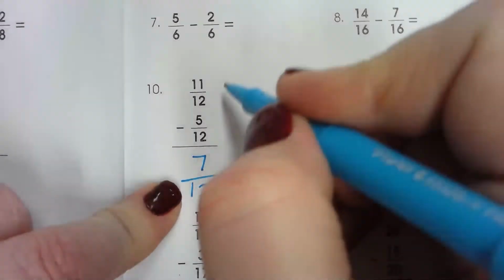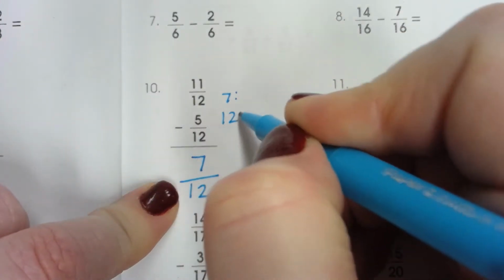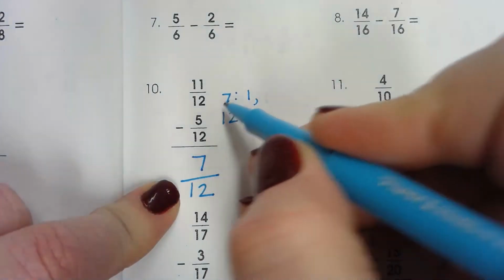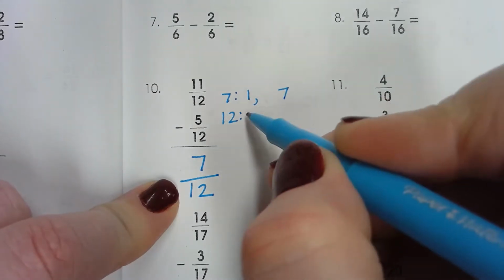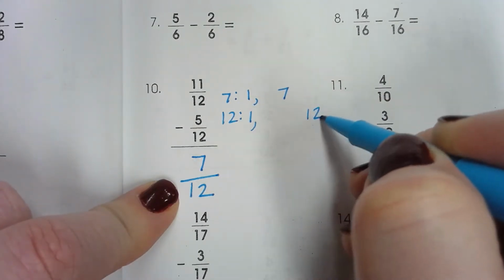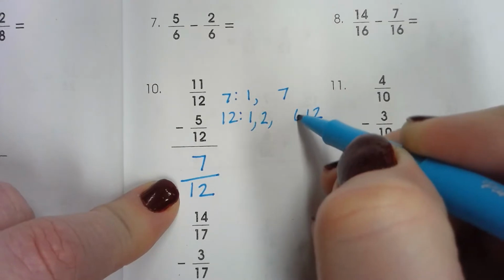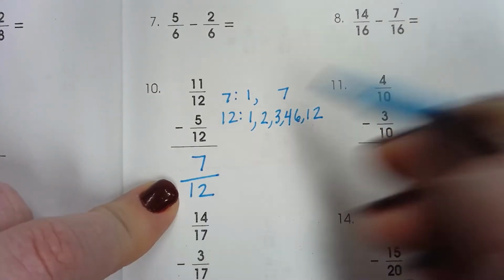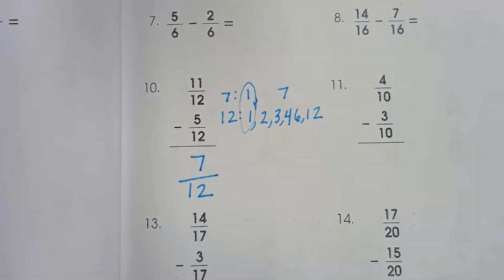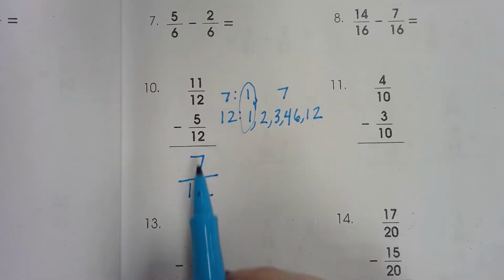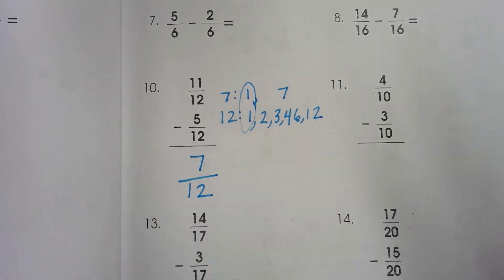Do a 7 and a 12 have anything in common other than 1? My factors of 7 are 1 times 7. My factors of 12, 1 times 12, 2 times 6, 3 times 4. The only thing they have in common is a 1. And if I divide 7/12 by 1, I still get 7/12.